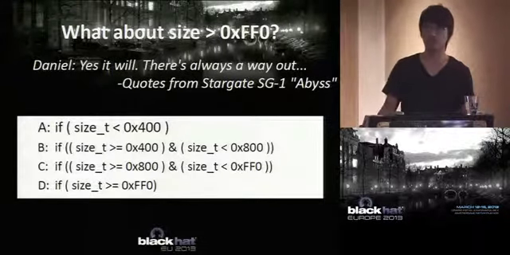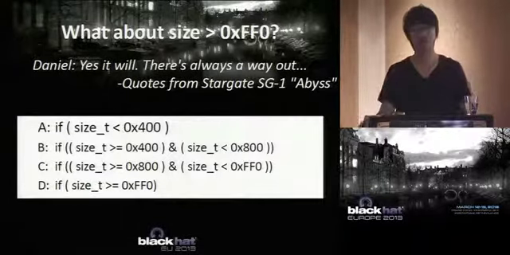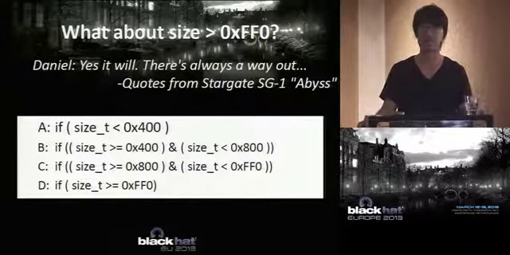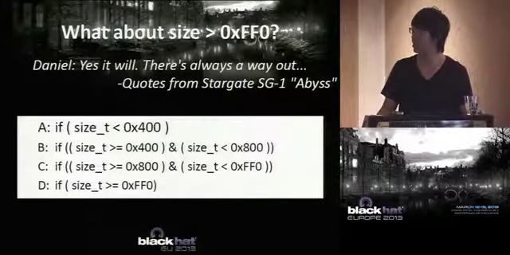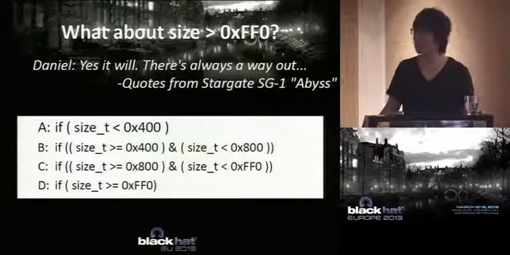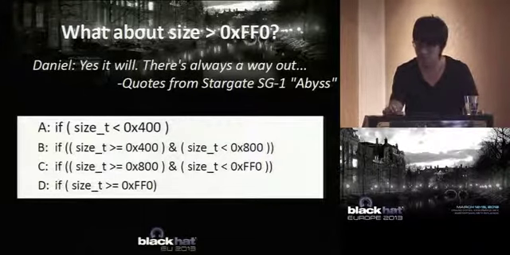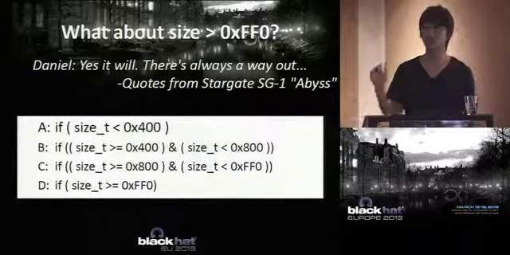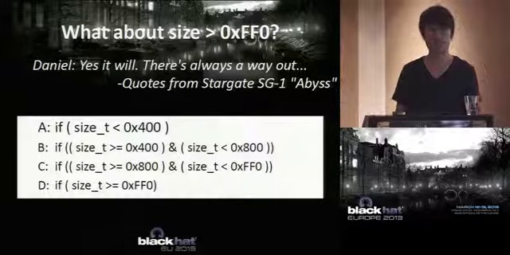Actually, these allocations could be categorized into these groups: smaller than 0x400, which is the same as the 0x200 allocation, between 0x400 and 0x800, between 0x800 and 0xFF0, and larger than 0xFF0. For time reasons, I cannot detail them, but the strategies for each of them are very similar, and you could figure it out from the white paper or the slides offline.